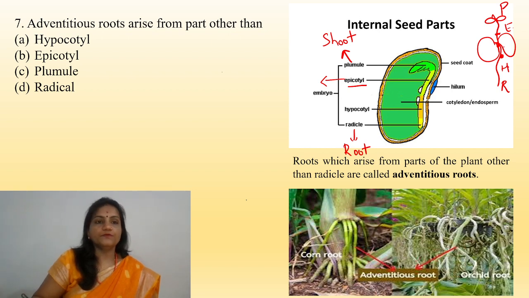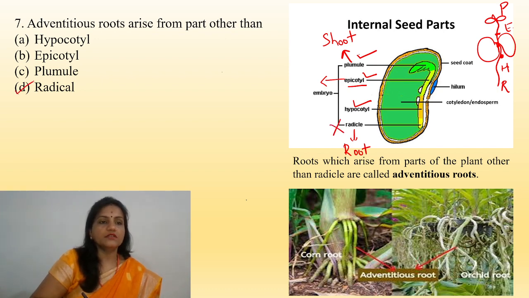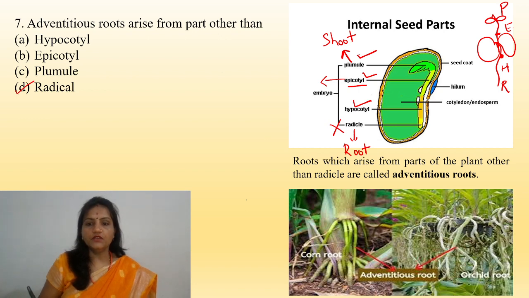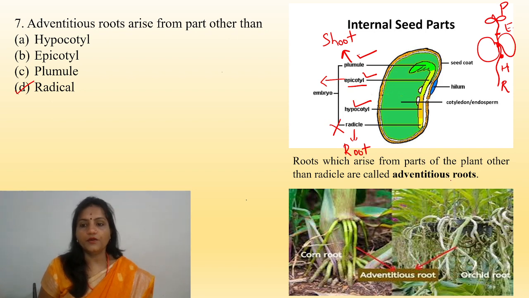So adventitious roots arise from part other than, it could arise from hypocotyle, from epicotyle, from plumule. But not from the radicle. So the answer is radicle. Roots which arise from parts of the plant other than radicle are called adventitious roots.